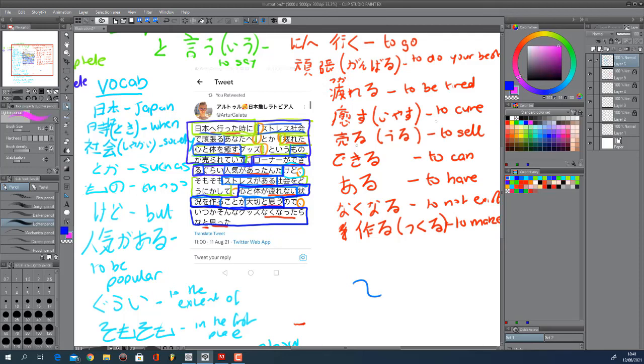So if I'm going to put in pink as a final thing, we have all these particles that help make up our sentence. So before the particle, we have the noun. After the particle, we have the verb. There's a nice pattern to look at. So we have the noun, we have the verb. We have the noun, jokyo, we have o, verb.